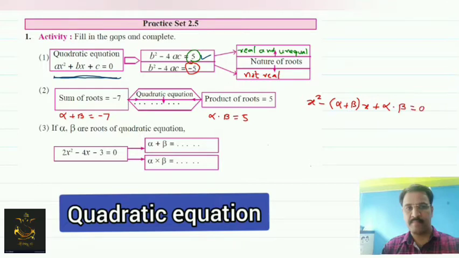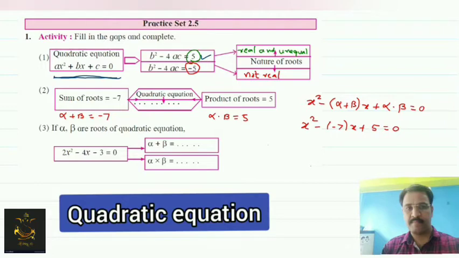Now in this standard form, we'll put the values of sum of roots and product of roots. What will come here now? x square minus, here alpha plus beta is minus 7, plus alpha into beta, this is 5, equal to 0.